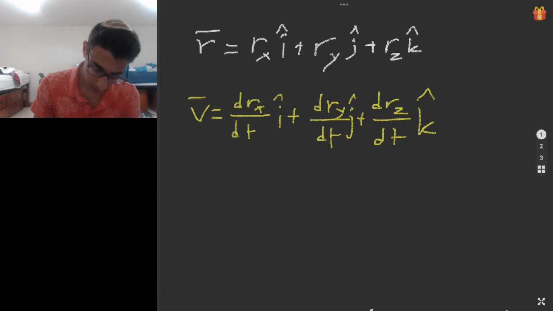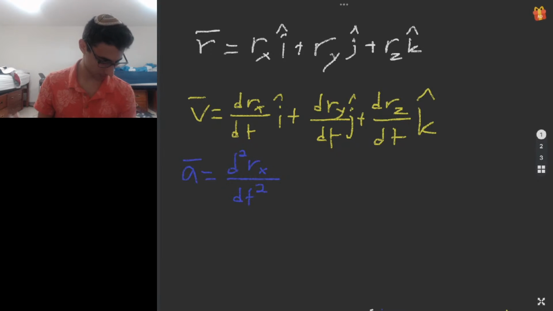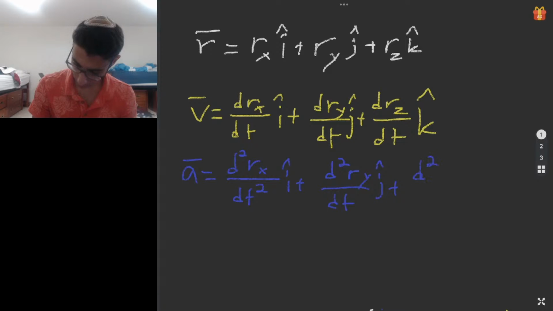So the way you would write that is our acceleration vector would equal d squared r sub x over dt squared times i hat, so it's the derivative of the derivative, plus d squared r sub y over dt squared times j hat, plus d squared r sub z over dt squared times k hat.